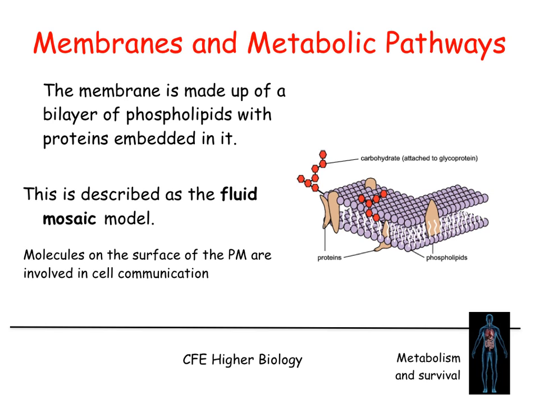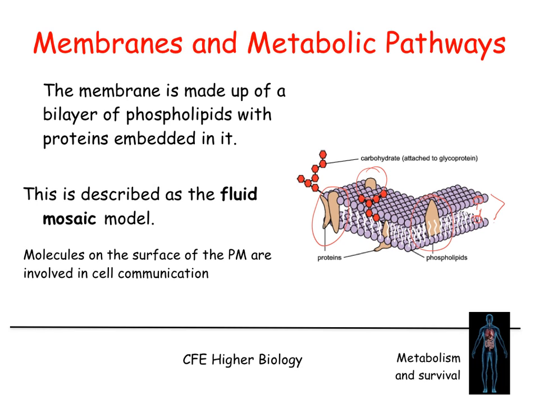And its structure is made up of these phospholipids and proteins embedded in it. So you've got this bilayer of phospholipids, if you remember from your National 5, where you've got the heads and the tails of the phospholipids forming this sandwich layer. And embedded in that as well, there are proteins.